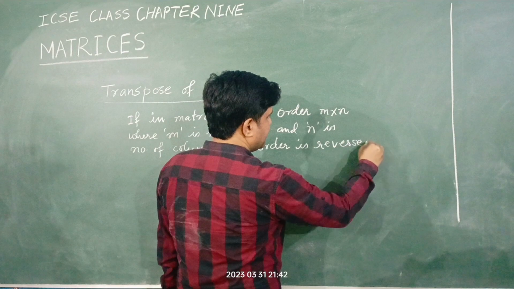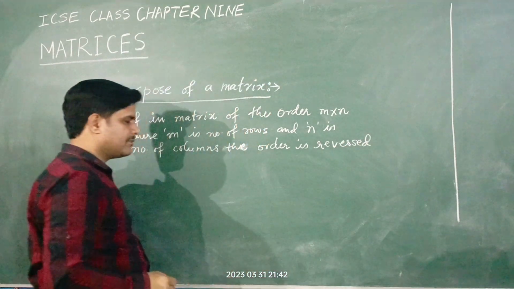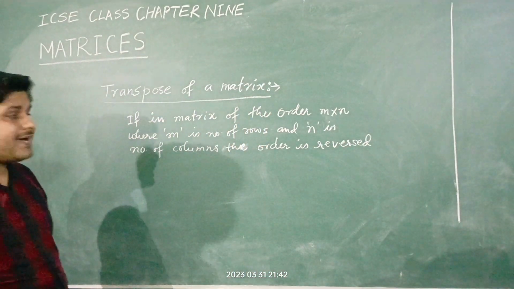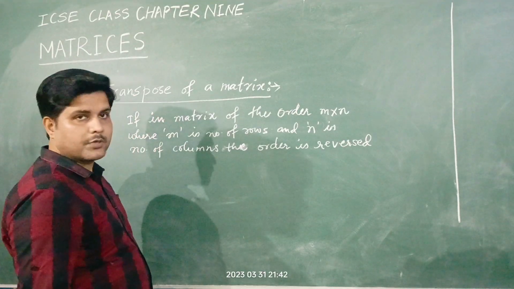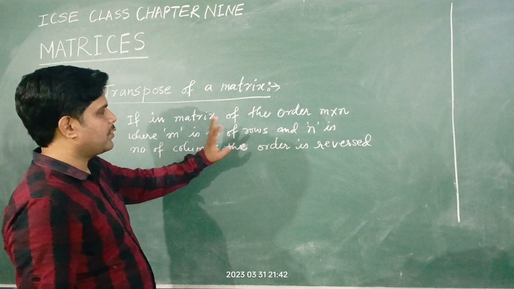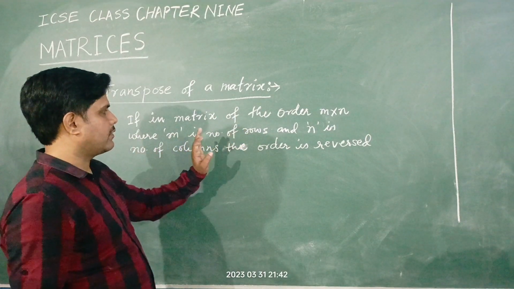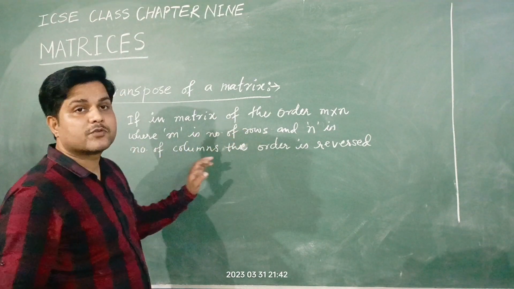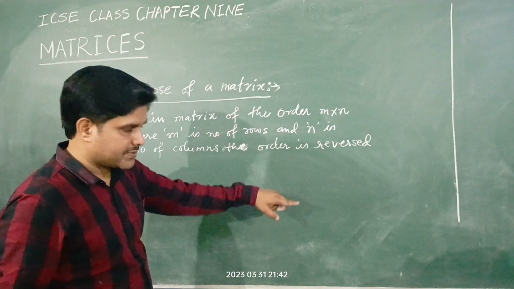Well, I'm not writing the definition as it would be written in the book. I'm writing it so that you can understand it for your convenience. This has been modified a little. So if in a matrix of the order m cross n, where m is the number of rows and n is the number of columns, the order is reversed.